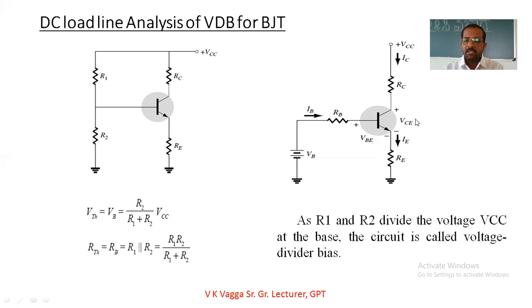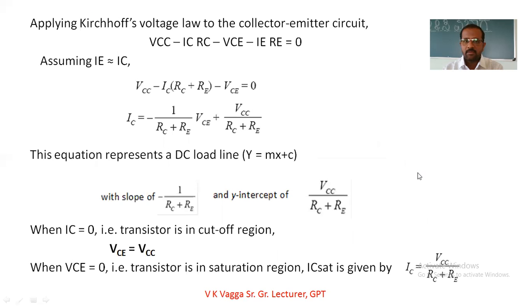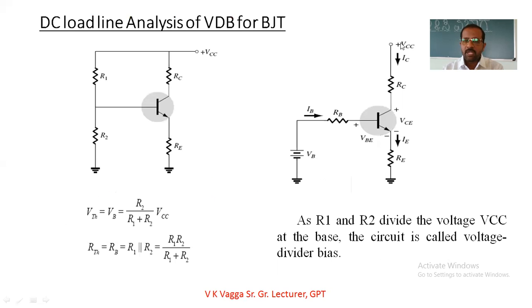If you apply KVL, you can write the formula with respect to the voltages: VCC minus the voltage across RC, minus the voltage VCE, minus the voltage across RE, is equal to 0, as it is connected to the ground.